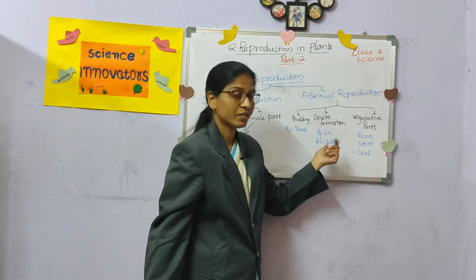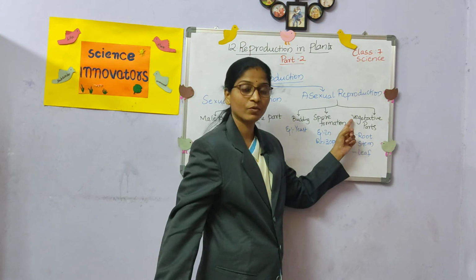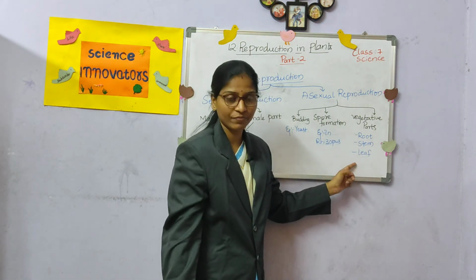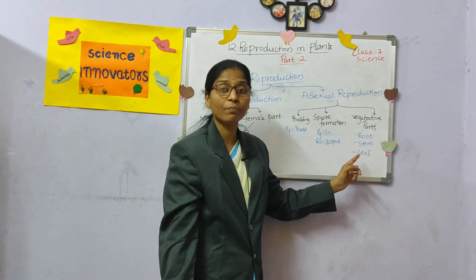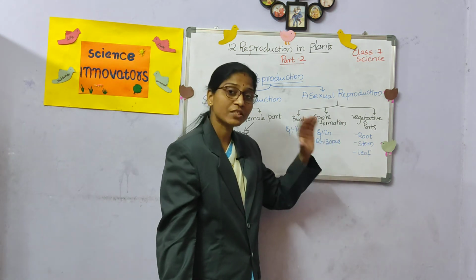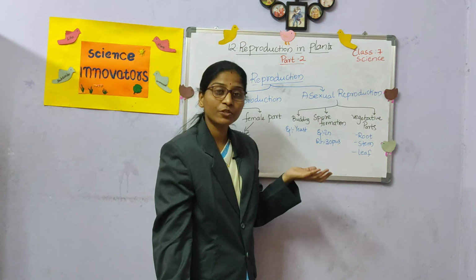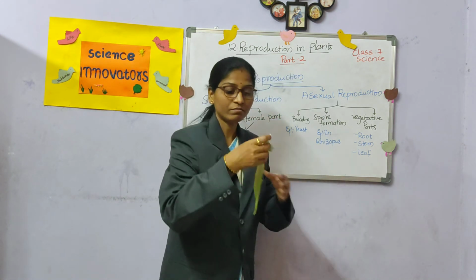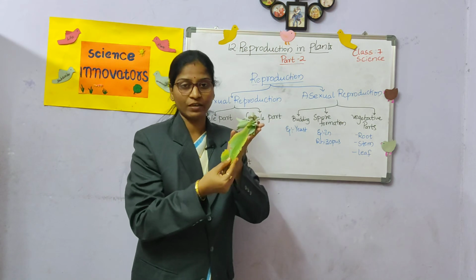And in plants, what are the vegetative parts? Root, stem and leaf. These are the vegetative parts in a plant which give rise directly to the new plant. I will show you one example. Here, this is the bryophyllum.